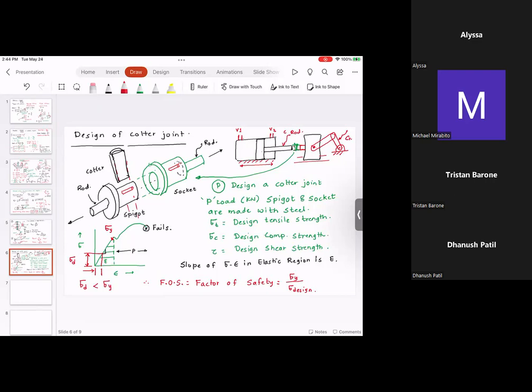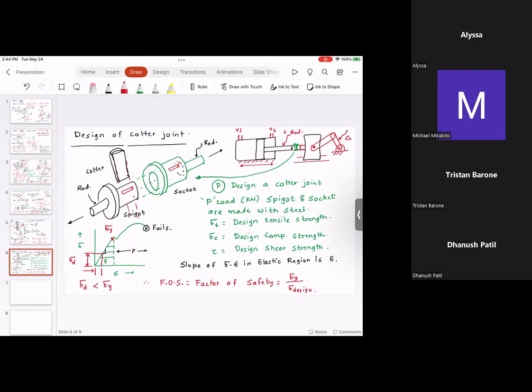Think of factor of safety as accounting for engineering errors and assumptions. One classic way: you get a material, that material has some impurities, that material is not perfect. How would you account for imperfection in the manufacturing, imperfection in the material? For that, you use a factor of safety.